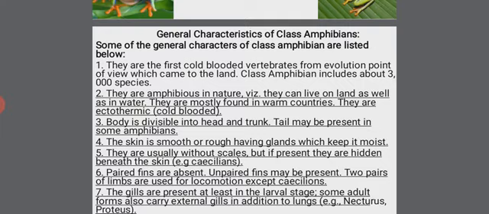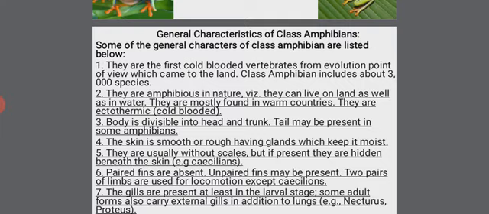You know what these cold-blooded animals are? They are animals which can modify or change their body temperature in accordance with the surrounding environment. From the evolutionary point of view, as I said earlier, they were forced to come out of the water and started living as terrestrial animals.